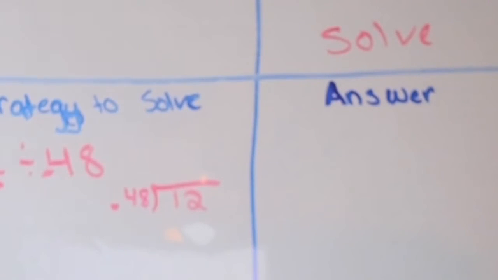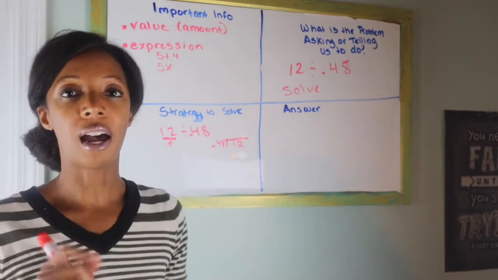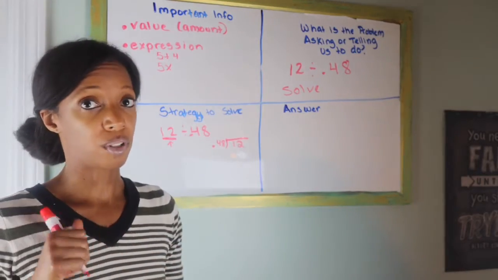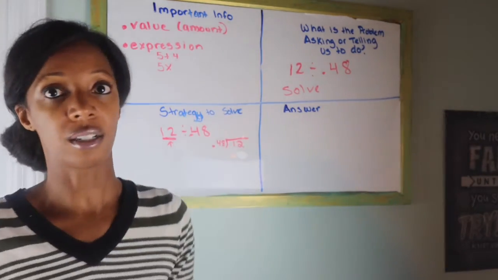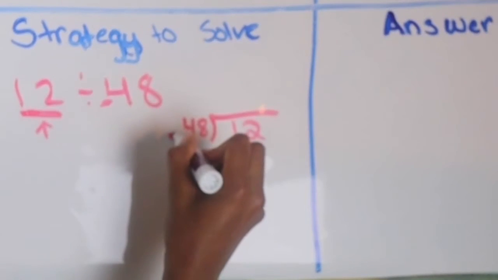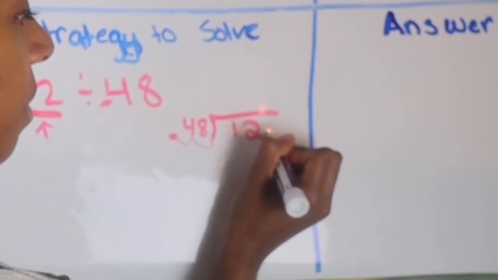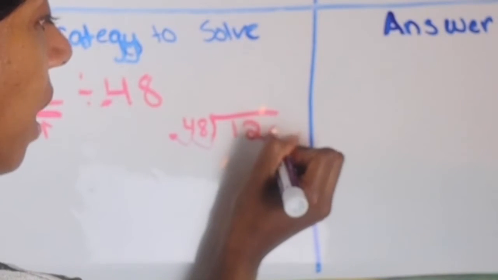Now, one very important fact: when dividing by a decimal, and you have a decimal in the divisor, you need to move it. That's because you can never, ever have a decimal in your divisor, or on the outside of your box. What we're going to do is take that 48 hundredths and move the decimal to the right 2 times.